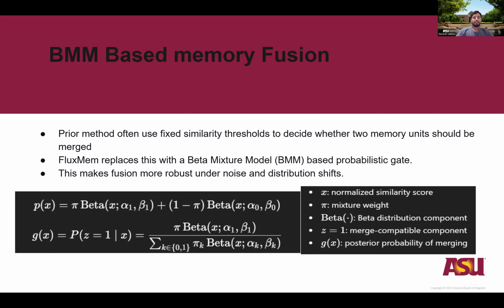And finally, we have BMM-based memory fusion, where prior methods previously used a fixed similarity threshold to decide whether two memory units should be merged or not. This is specifically used for episodic memory, where we have so many pages and we have to decide which memory the current page should go into.